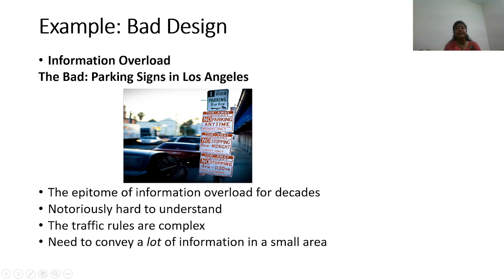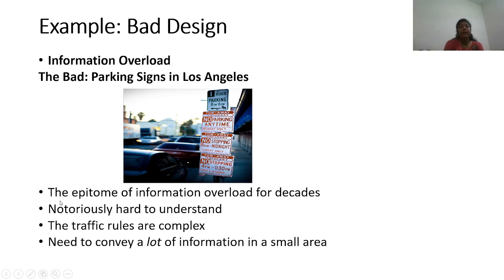Considering this, you can see at the top it is the 1 hour parking given, along with the time duration. Then there is the no parking time and the no stopping midnight time, and again the no stopping time is given for a certain duration.